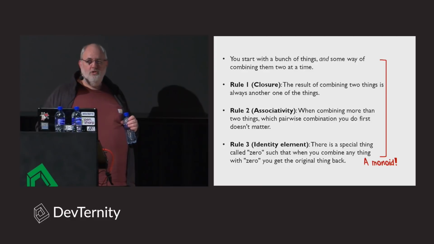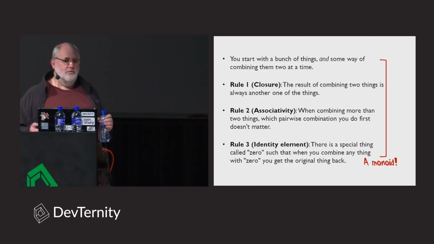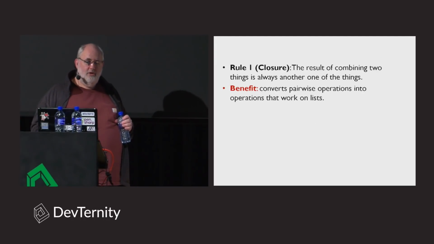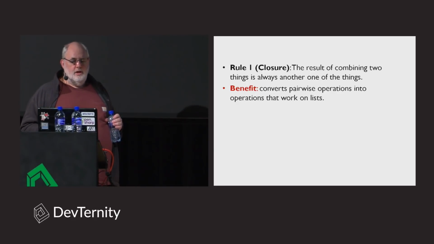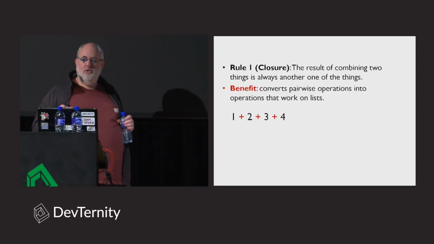All right? So why are monoids talked about all the time? This is another thing that functional people like. Well, there's a lot of benefits. If you've got a monoid, you can get a lot of stuff for free. For example, with closure, you can take these pairwise operations and turn them into things that work on lists.